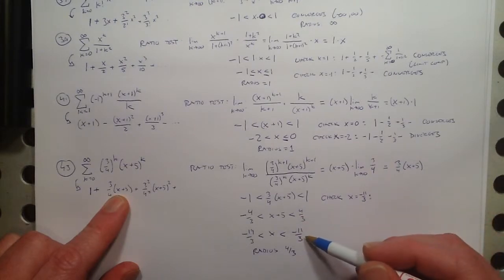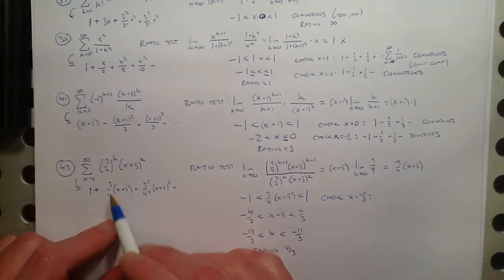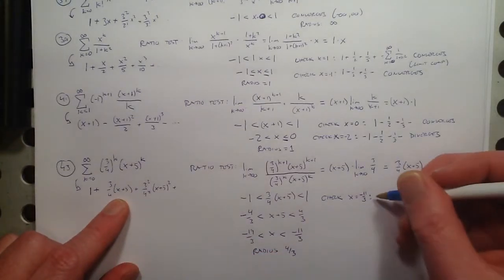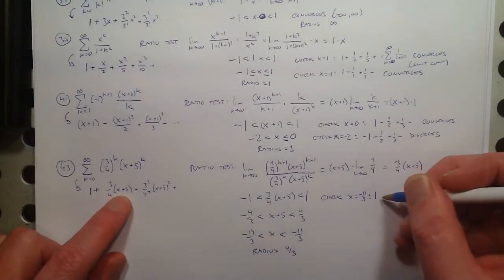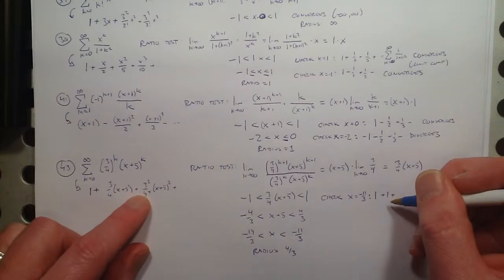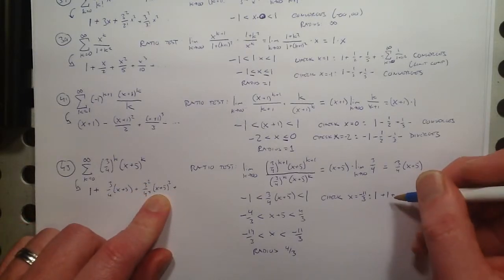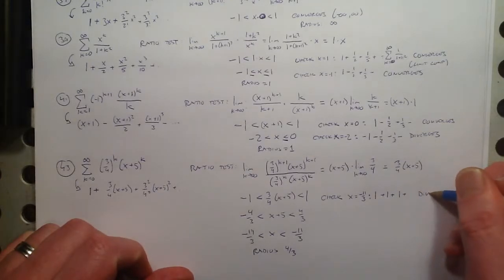When I add 5 or 15/3 to that, I get 4/3. So each one of these parentheses is going to be equal to 4/3. So that would be 1 plus 3/4 times 4/3 is 1, plus 3/4 squared times 4/3 squared is 1, and so on. That diverges.